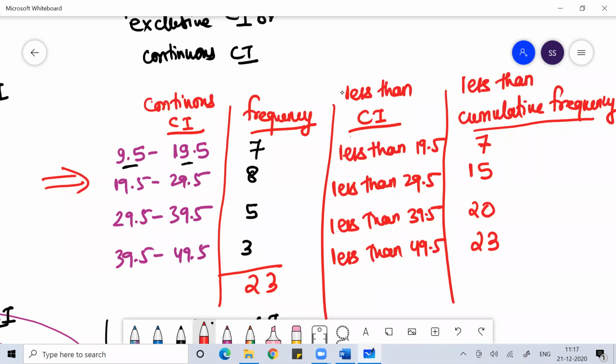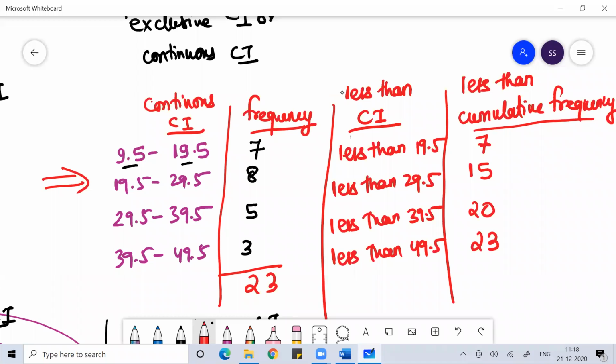Whenever we see the data in the form of class interval, our data can be in the form of discrete class interval or continuous class interval. If your data is in the form of discrete class interval, convert it into continuous class interval by doing appropriate adjustments, because we cannot solve the problem based on discrete class interval.